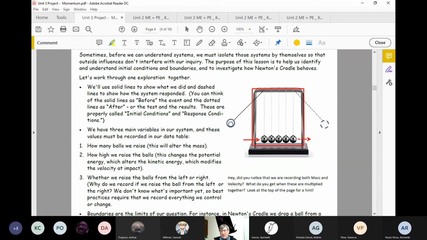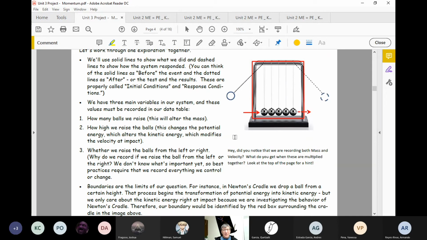The ball at the beginning ends up about the same height as the ball at the end because momentum is conserved. Now with my Newton's cradle, as you saw, it's kind of beat up. And so this ball is probably not going to make it as high as the initial release because it lost energy along the way. My balls are not completely hanging in a straight line, and they kind of bounce around a little bit. So anyway, we're going to do the best we can with that one.